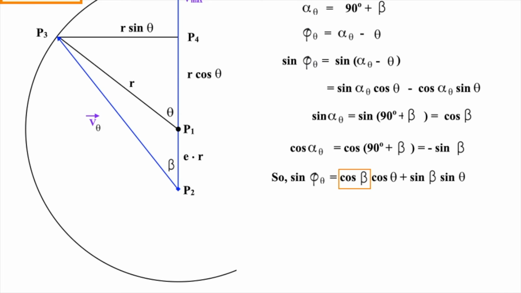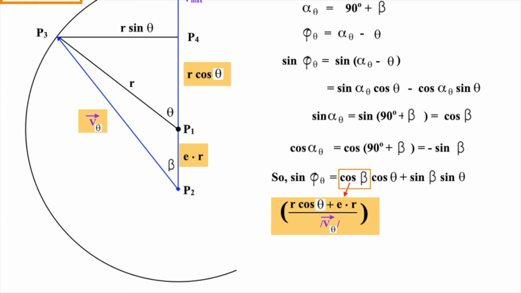Now we evaluate cosine beta using the dv d theta circle. Clearly, it equals r cosine theta plus e times r divided by the absolute value of v theta. And we enter that term into the next line. We use analogous reasoning to evaluate sine beta.